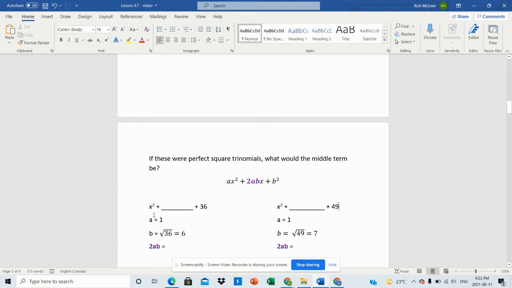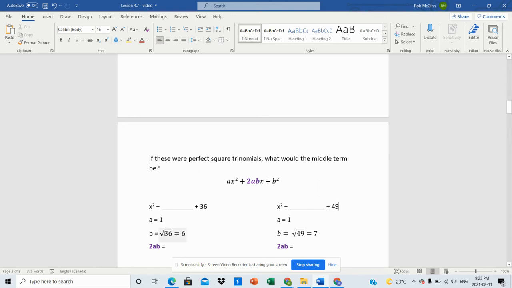So we're going to use 2 times a times b to find out what that middle term is. So a is going to be 1. B, well, in order to get b, we know b squared is 36. But we want b, so we have to take the square root of that. And we have a positive sign here, so we know we want the positive square root.